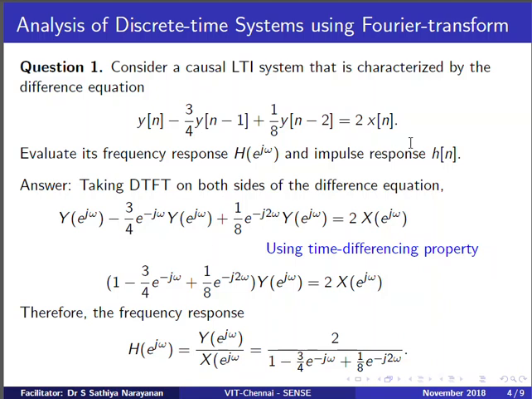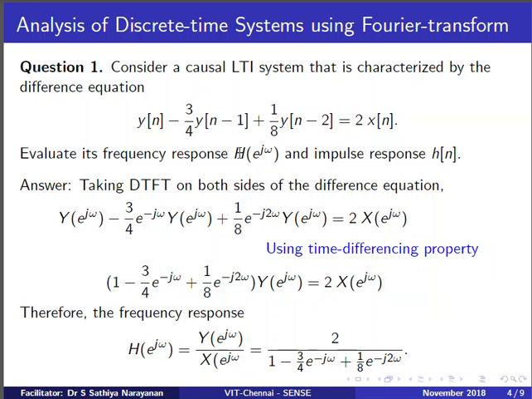So the next step is to find the impulse response h of n. Since h of n and H of e raised to the power j omega form a DTFT pair, which means if you take the DTFT of small h of n, you will get capital H of e power j omega.